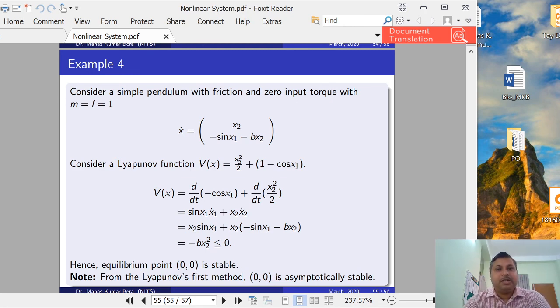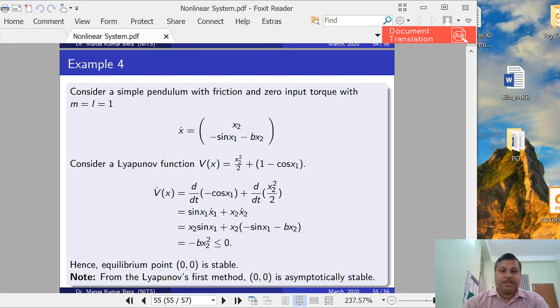It doesn't mean that if someone else chooses another Lyapunov function and is able to prove that the system is stable, then the system may be stable with respect to that particular Lyapunov candidate. So remember that the Lyapunov method of judging the stability of a system is only a sufficient condition, not a necessary one.